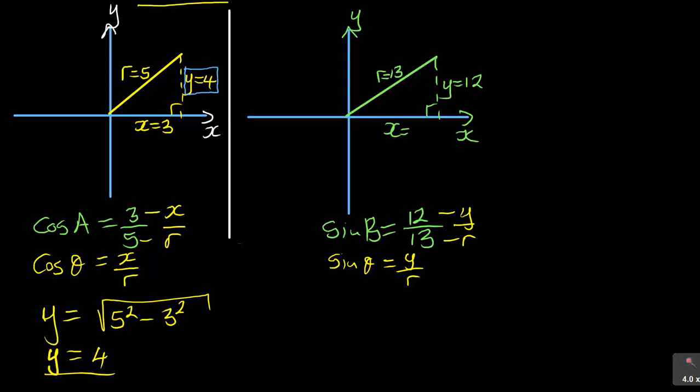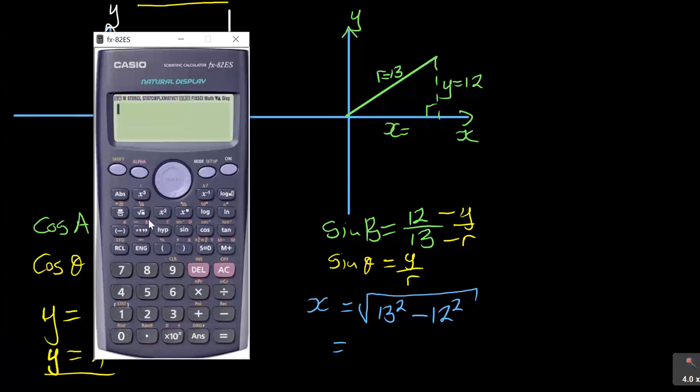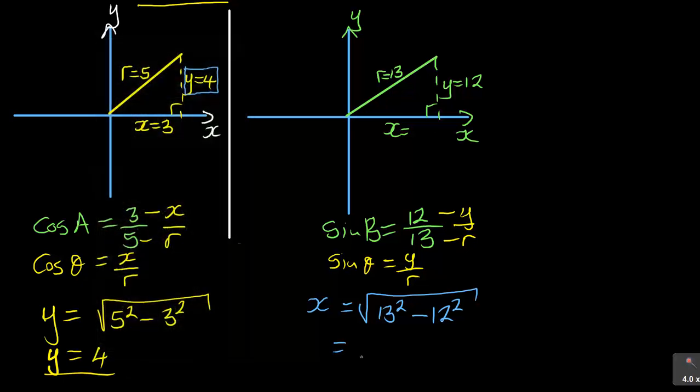You do the same thing, Pythagoras theorem, whereby x is equal to square root of 13 squared minus 12 squared, which gives you 5. So our x is equal to 5. So now I've completed all my triangles.